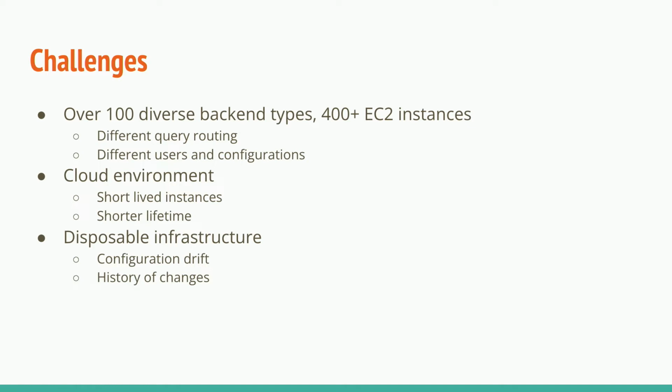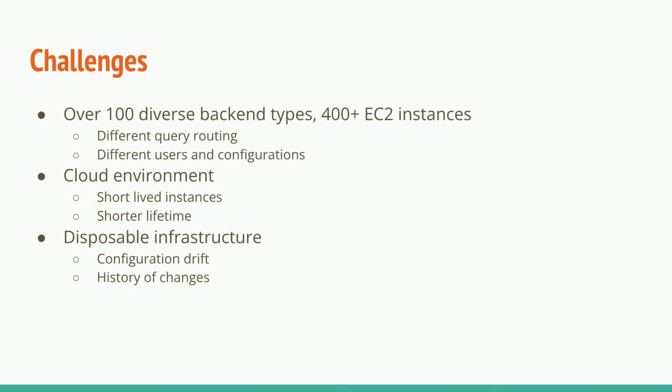And we have a lot of those backend types, at least more than 100 last time I counted, and more than 400 EC2 instances. So there is a lot of instances, and we need to manage them with a relatively small team.